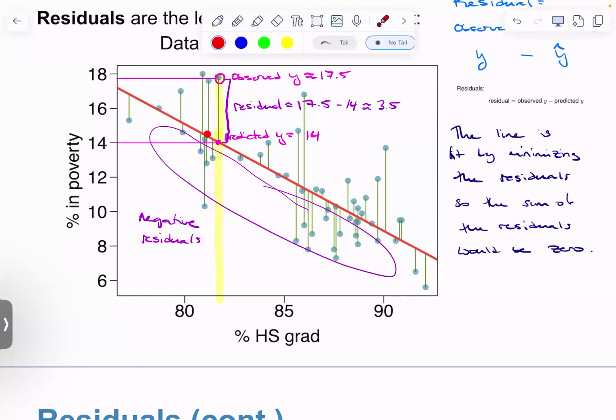We can see it physically, but also because the residual is negative. So you can get a lot of information from the residuals, okay? But it requires that we have the line. And so that's what's kind of tricky.